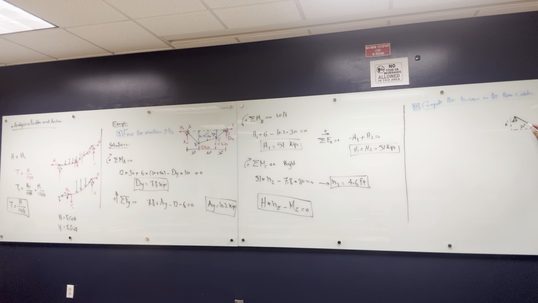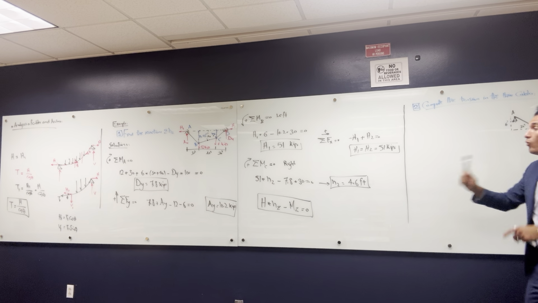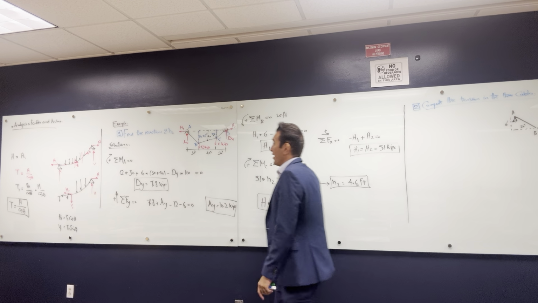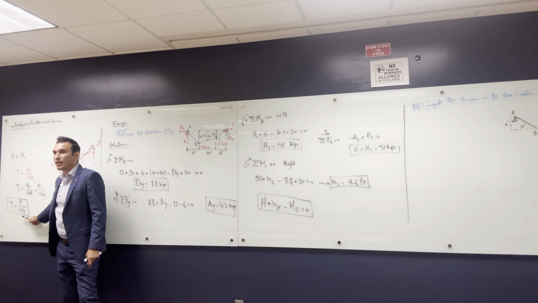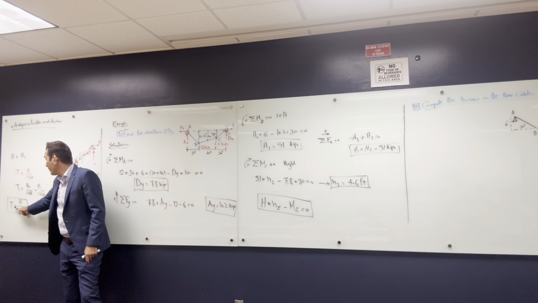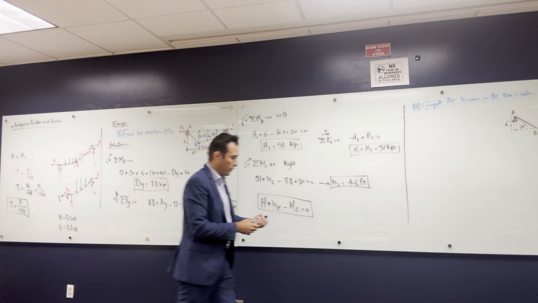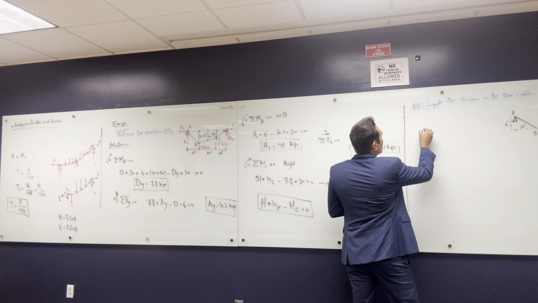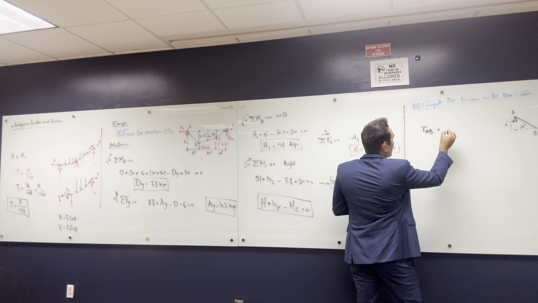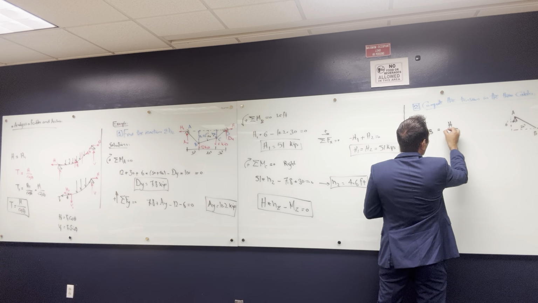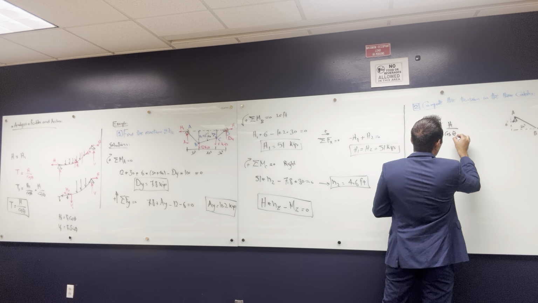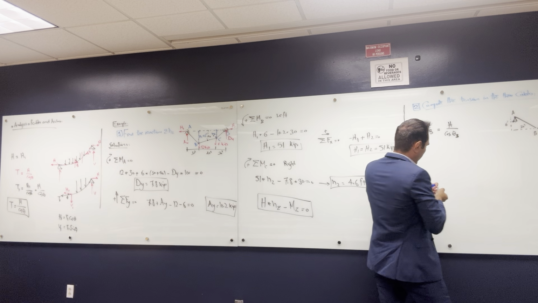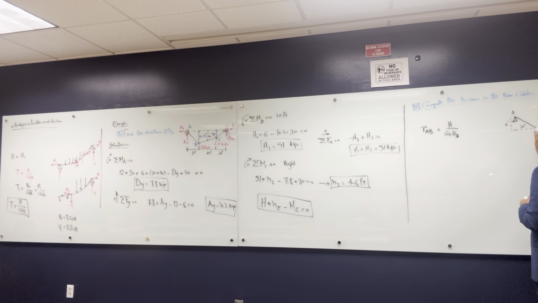This is A and this is B, and I want to find out what the tension TAB is. Right now we know the horizontal force, and if I know the horizontal force, the next thing I need to find is theta of this cable, so I can find the tension of this cable. So the tension TAB is equal to the horizontal force over cosine theta at P. How can I find this theta? What should I do?